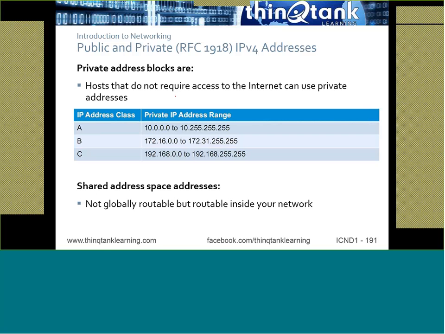But they're not going to give you a block of addresses for every host inside your network. They're going to give you a block of addresses that you can translate to. So inside your network, you're running private addressing. Outside, you're running public. What do you mean by outside? When you go to the internet. Oh, okay. Addresses get translated.